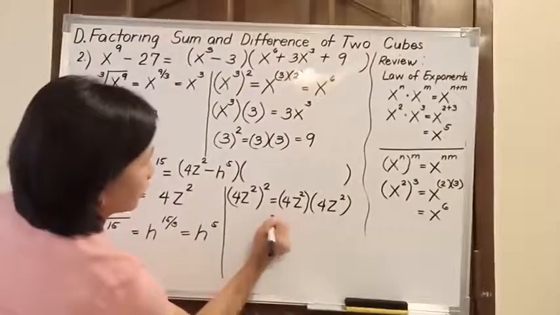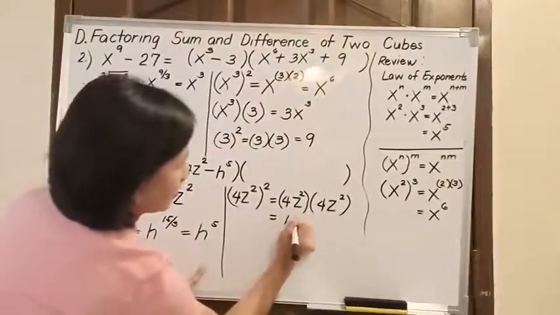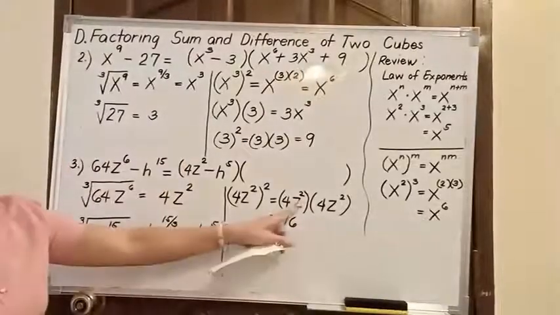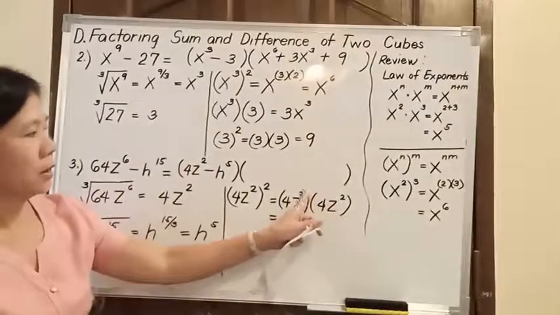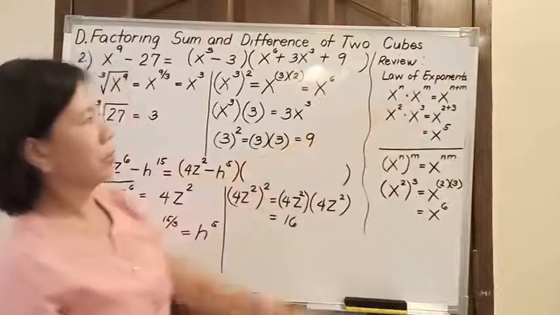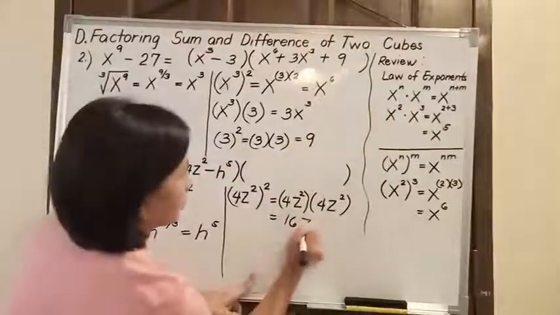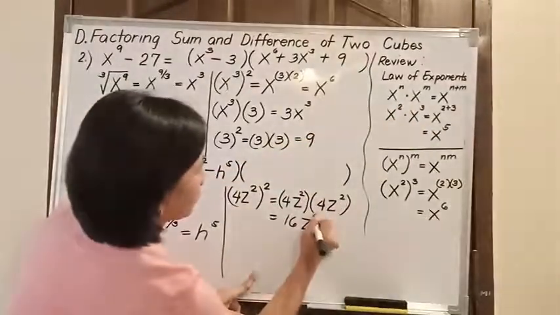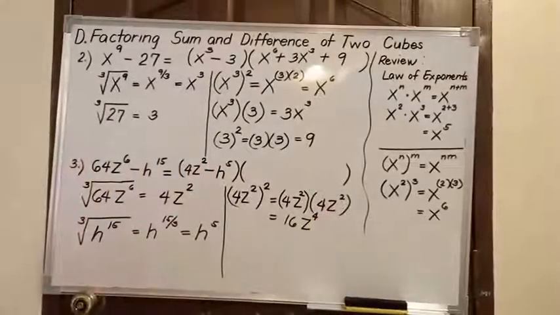And that is 4 times 4 is 16. Then z squared times z squared. Let us add their exponents using the first law. That is 2 plus 2 is 4. So that is 16z to the 4th power.